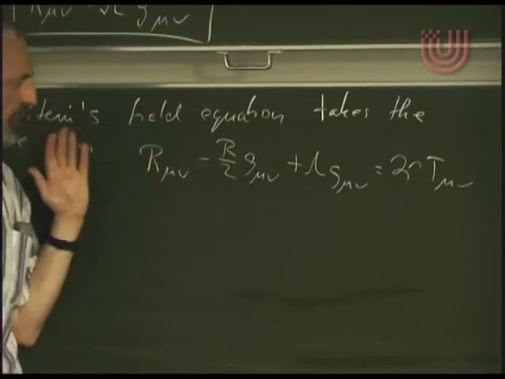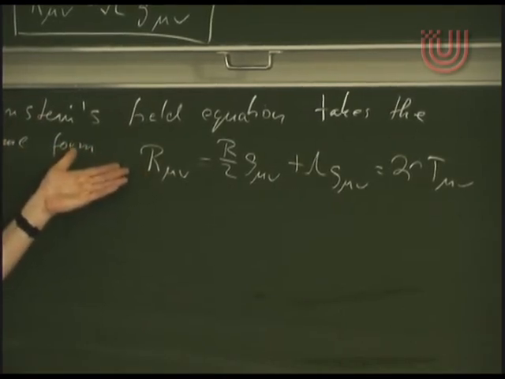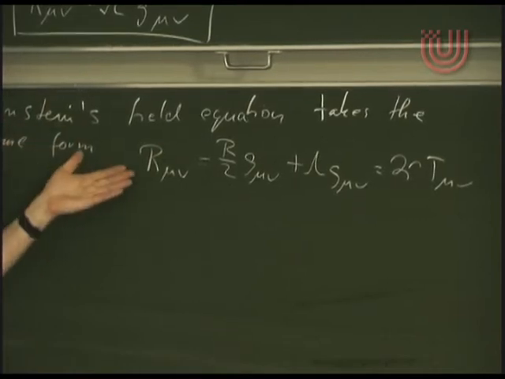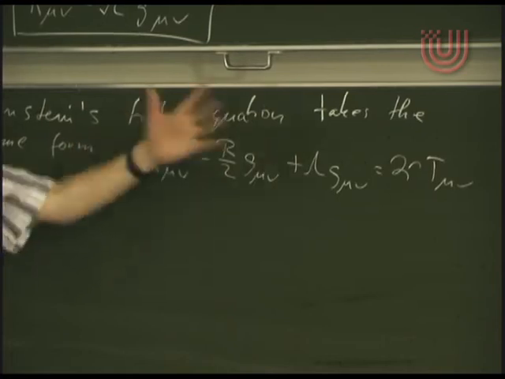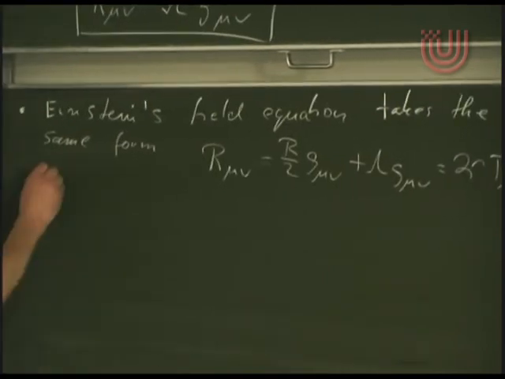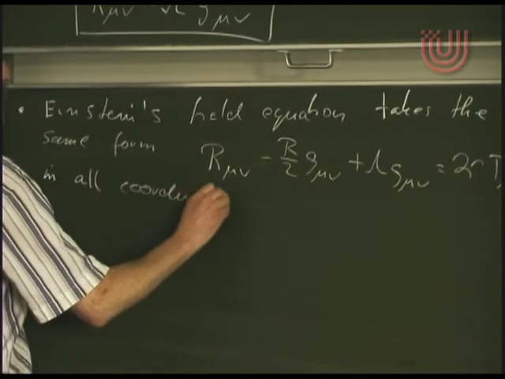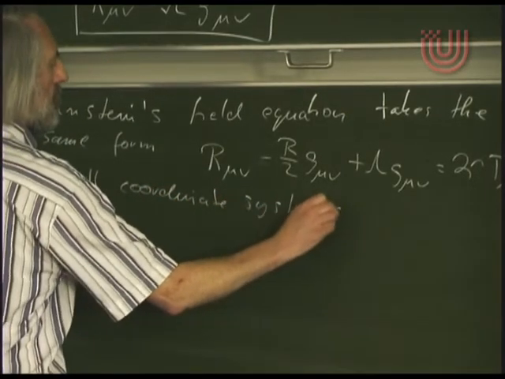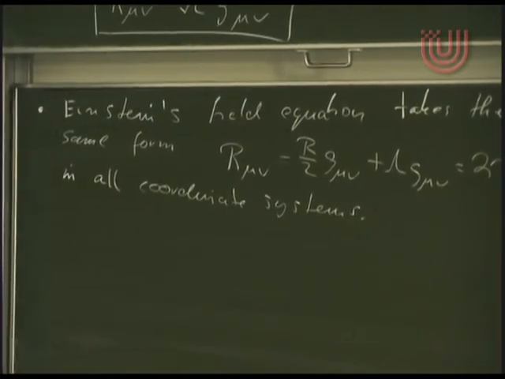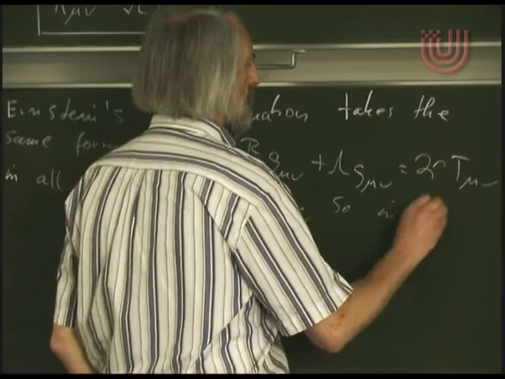If you write it in coordinates x0 to x3, and somebody else now makes a coordinate transformation to new coordinates, x0 twiddle to x3 twiddle, then the same equation holds just with the twiddled expressions. Yeah? So the form is precisely the same thing. So Einstein's field equation takes the same form in all coordinate systems. And if that's your favorite formulation of the principle of general relativity, then one could say that the principle of general relativity is satisfied.